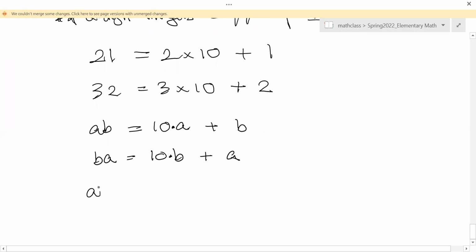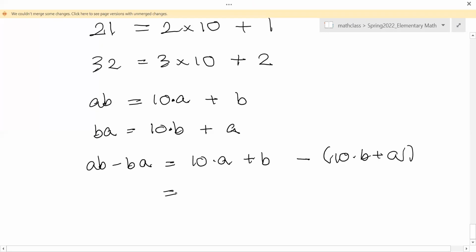Then let's take the difference. It's 10 dot A plus B minus, and I put parentheses, B plus A. Some of you can understand because you already learned this at home. Then you remove the parentheses, and you have to change the sign of every term.